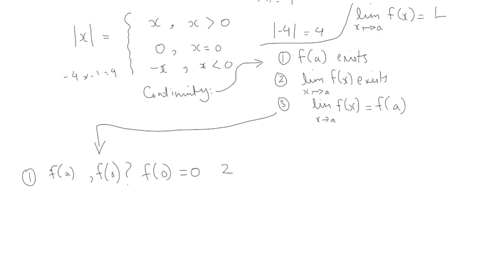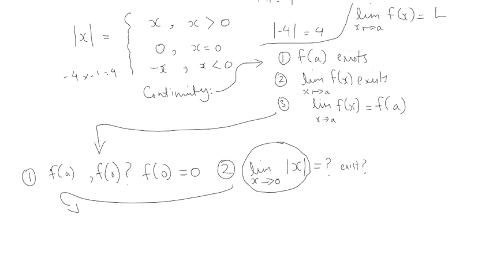Let's talk about the second rule. Limit as x approaches 0 for the absolute value of x. Basically, does that exist? The first question. And if it exists, what is its value? Let's try to determine that. Now, the problem over here is that since it's a piecewise function, we're going to have to break down the regular limit into the left-handed limit and the right-handed limit.